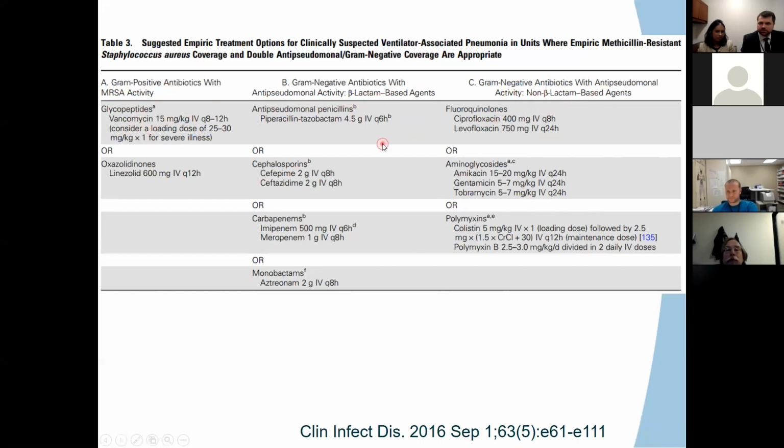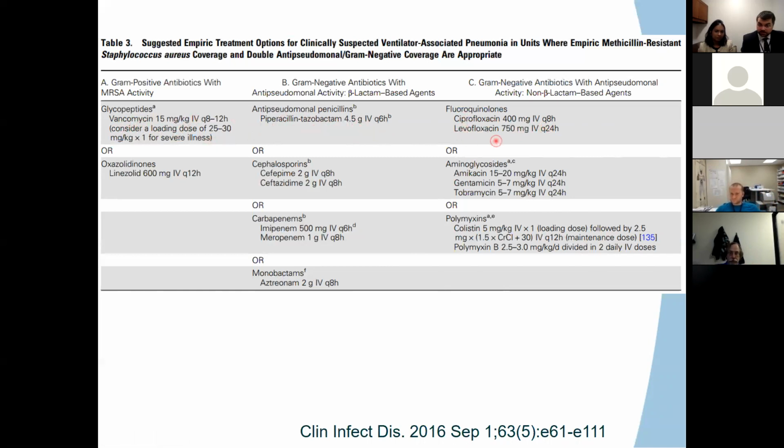So you're going to choose a beta-lactam active against Pseudomonas, and then a non-beta-lactam to have different mechanisms of action. You wouldn't want to choose antibiotics that have the same mechanism of action; it would be less likely to work. So here we can choose vancomycin, then piptazo, and then levofloxacin.